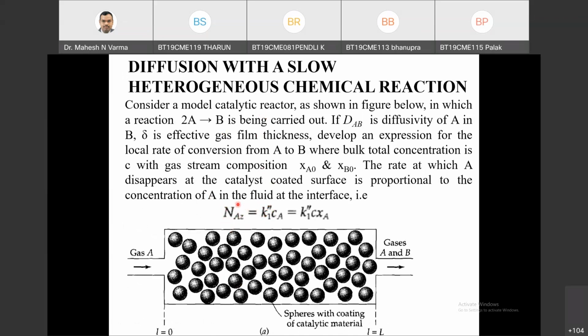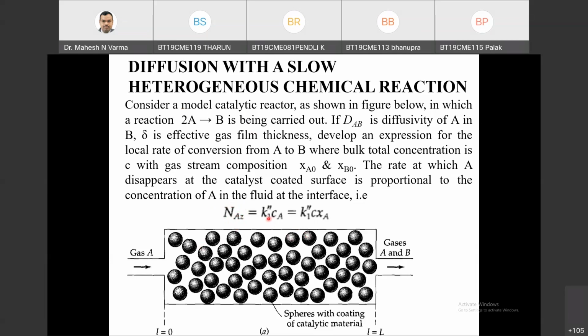Instead of a pure kinetic constant as in reaction engineering, it will be the kinetic constant per unit area. Since in mass transfer I am also telling flux, the kinetics is also modified according to flux. Instead of rate, we will be discussing flux.